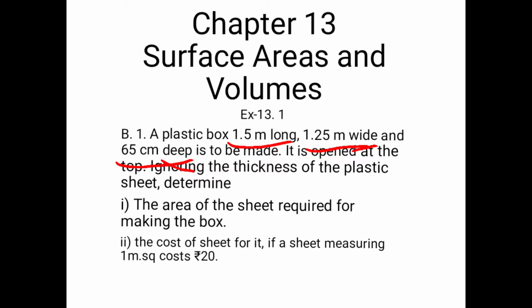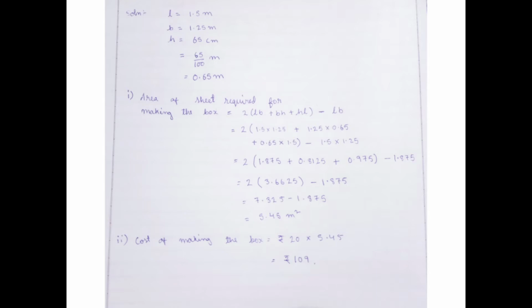But if you see the length, it is given in meter, and the breadth is also given in meter, but the height is given in centimeter, right?